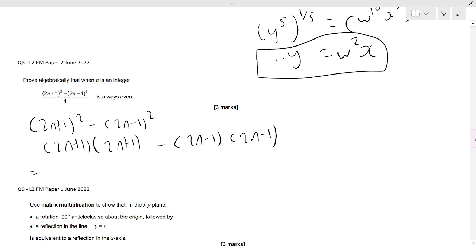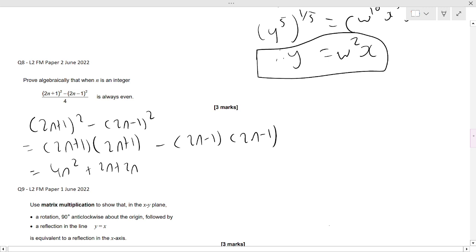Again, you use FOIL or whatever, but it's just an expanding bracket exercise, really. So let's expand it, so you're going to get 4n squared, then you're going to get 2n times 1, add another 2n, which is 2n, add 1 times 1 is 1. Well, actually, this simplifies to 4n. Okay.